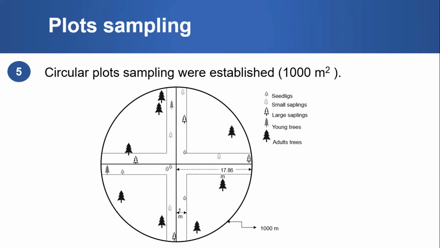Every sampling plot is 1,000 square meters, a circle, where we measure all regeneration and adult trees.